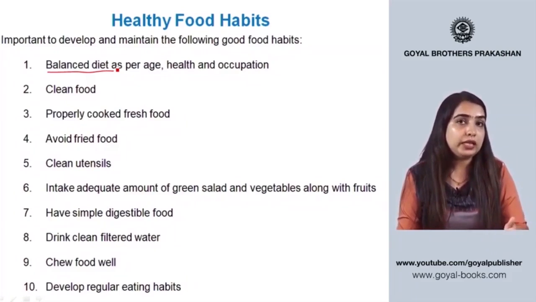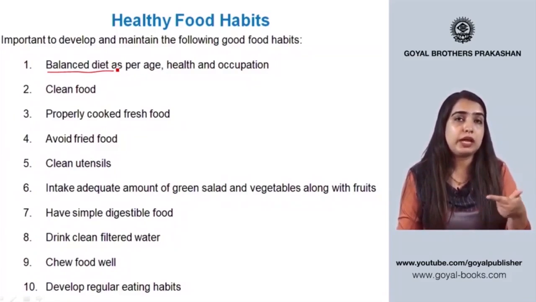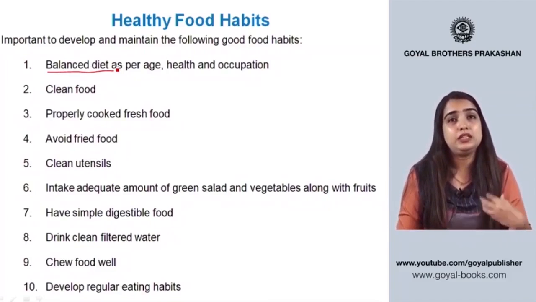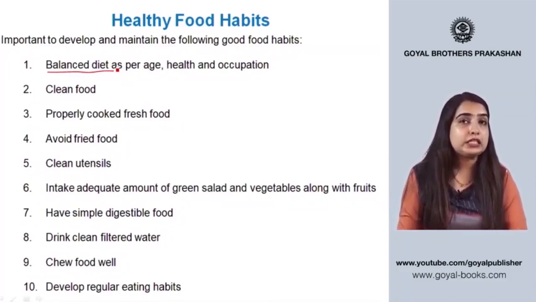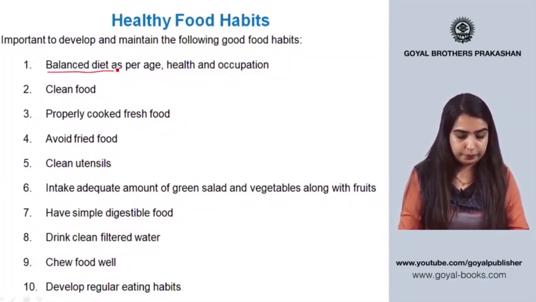So in order to avoid that, it is very important for us to chew our food well, because if we have chewed the food well, when it reaches the stomach and the process of food being churned begins, it becomes easy for the food to be acted upon by the gastric juice or enzymes which are secreted and which work upon that food.